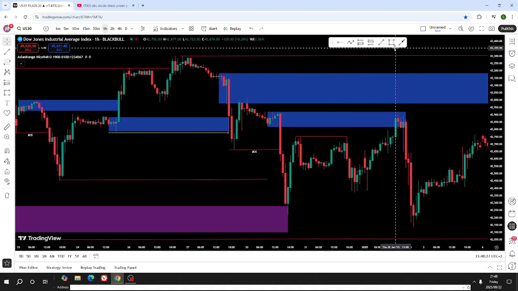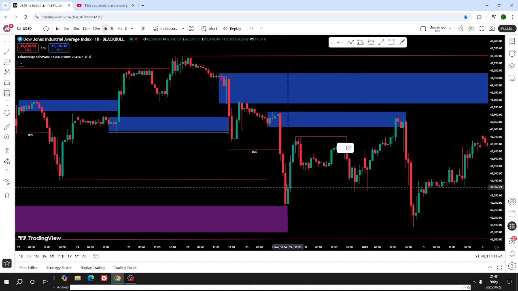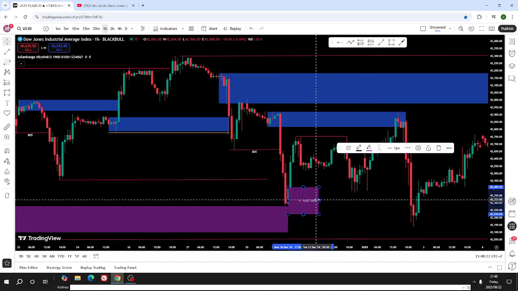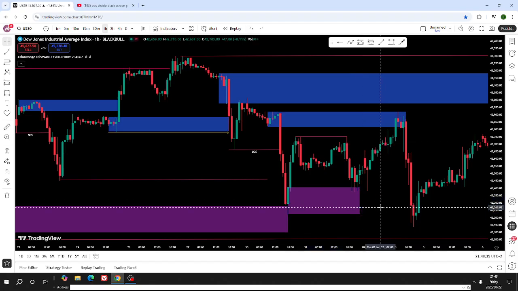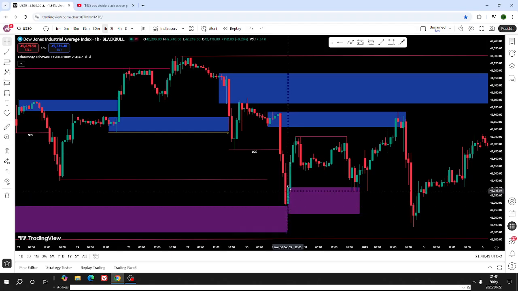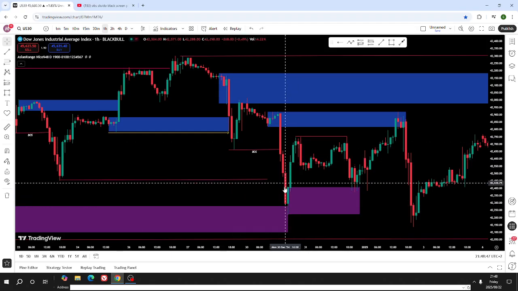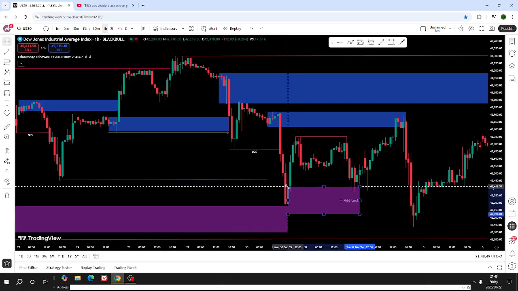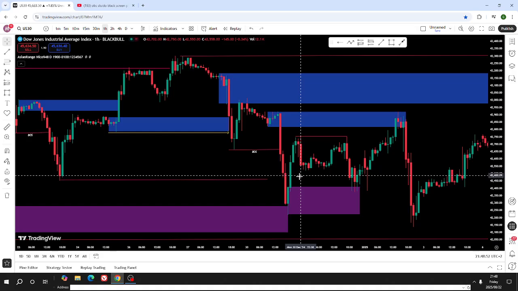Remember, an order block is not always the small candlestick before the large candlestick. It's not always that case. But over here we have the first candlestick to push the market upwards, so we take that to become the order block.